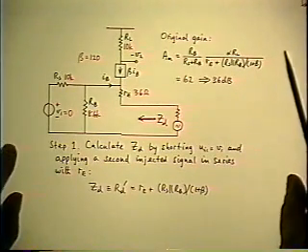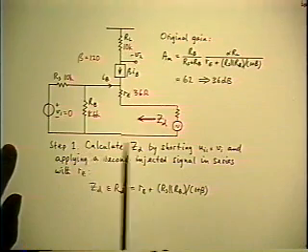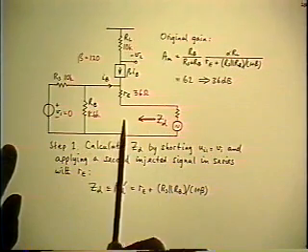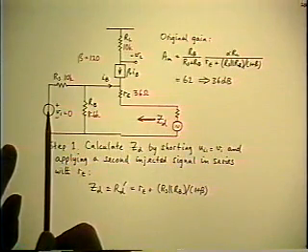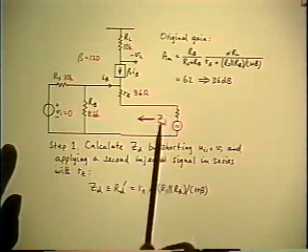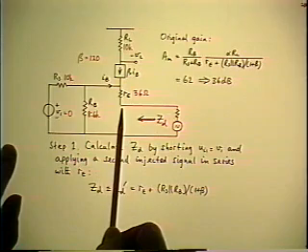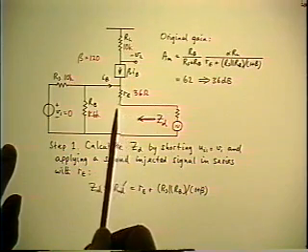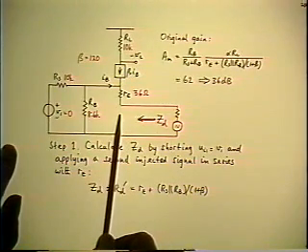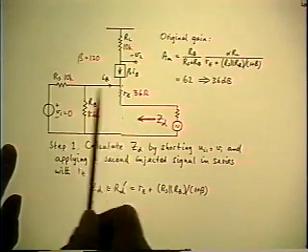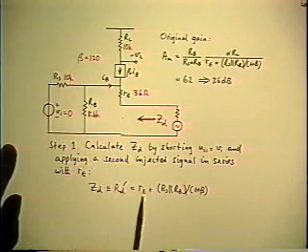First, ZD. So this is a single injection calculation. You make the original input 0, apply the second input by itself, ask what is the impedance looking into the circuit from that point. And the answer is, by inspection again, because it's easy enough, RE plus the reflected base resistance.